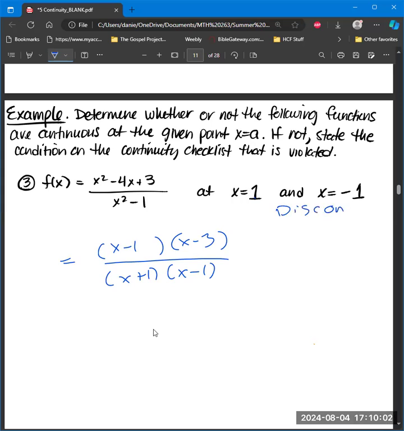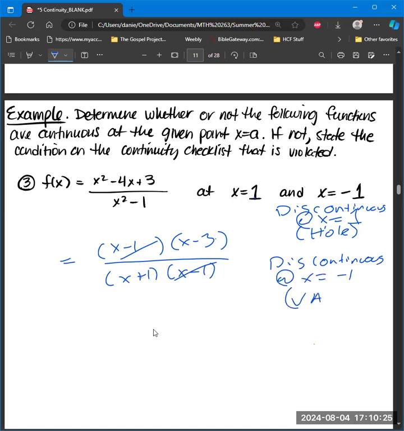Discontinuous at x equals 1 because there's a hole in the graph there. Discontinuous at x equals negative 1 because there's a vertical asymptote there.